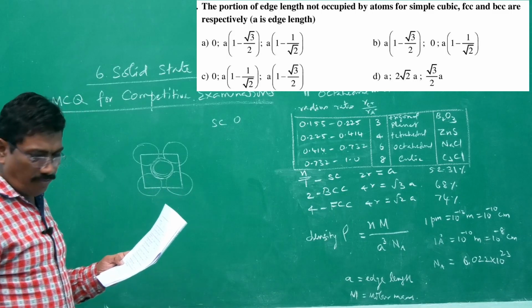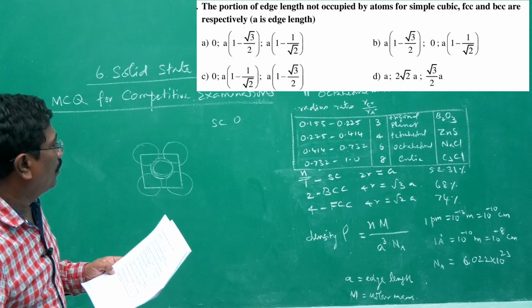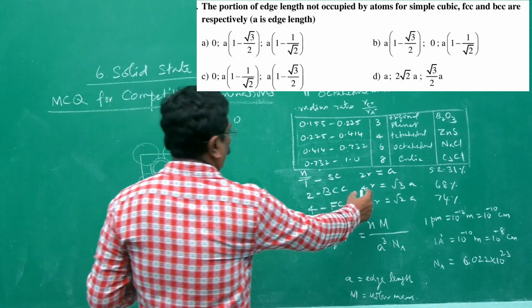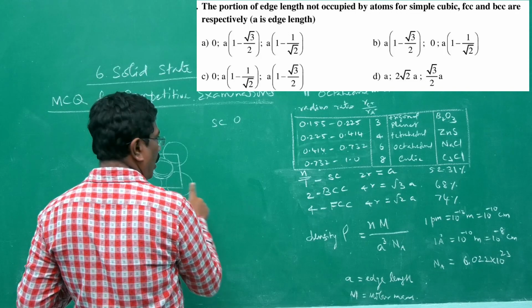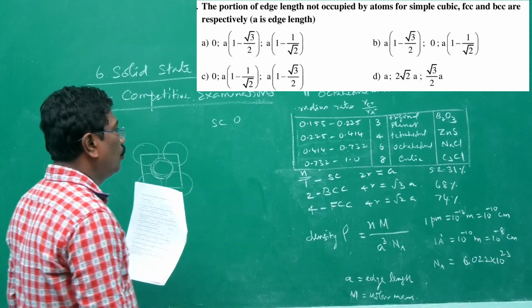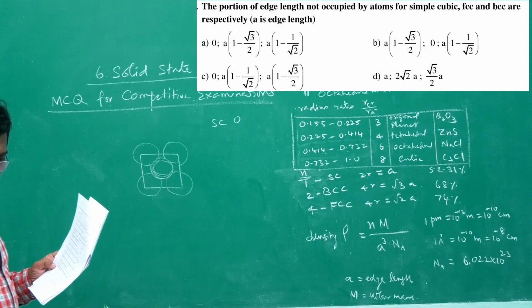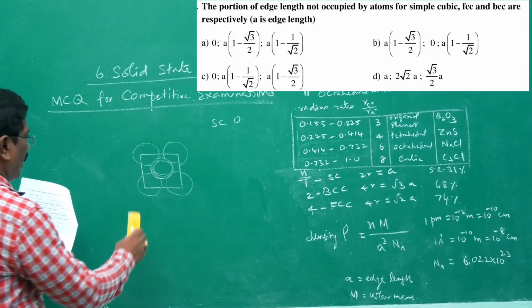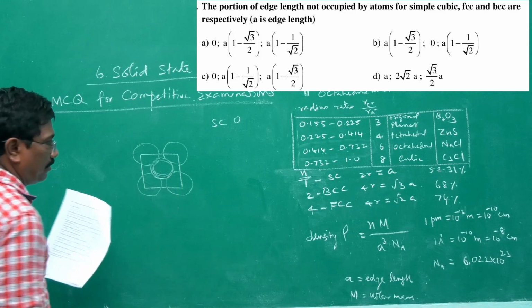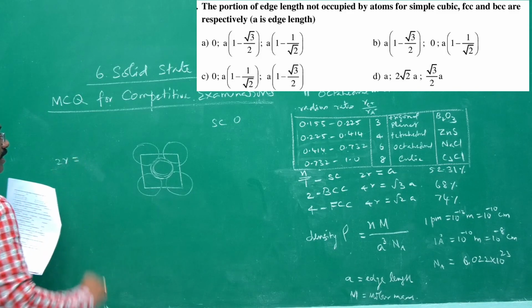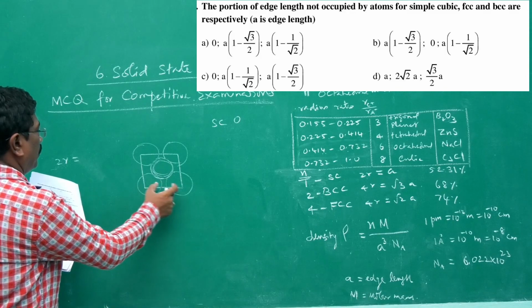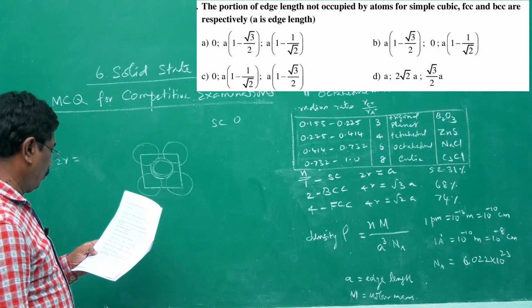So, for a face-centered cubic, 4r is given as root 2a, but it is only 2r, the distance between the two atoms.